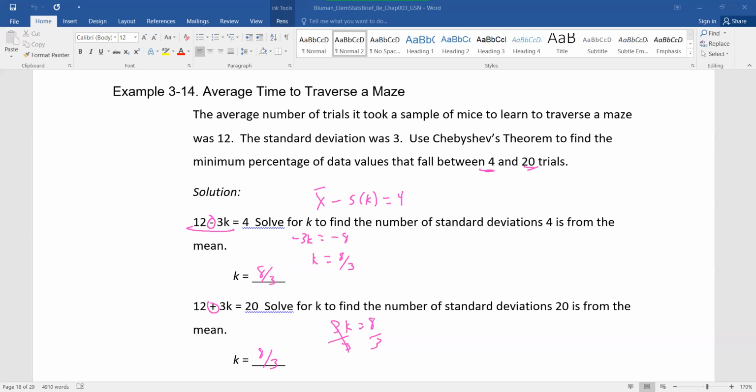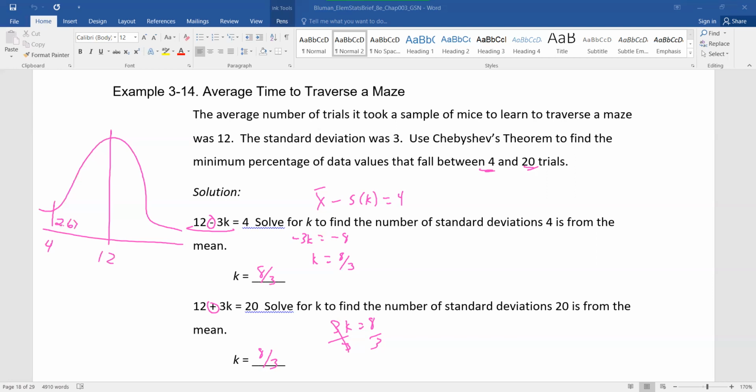What we're doing here is, we don't have data, but we have the result, and we're trying to infer from those results. We know that our average is 12, and we now know that this 4 falls about 8/3 of a standard deviation away, which in easier terms is about 2.67 standard deviations from the mean.